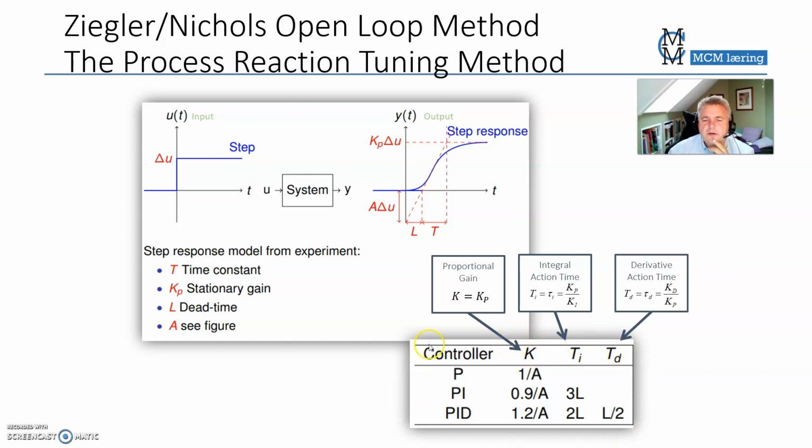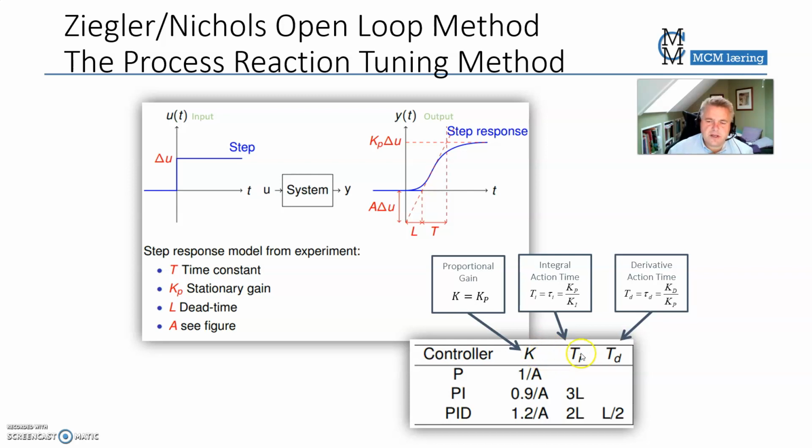And again, I haven't introduced it yet, but the table doesn't use KP, KI, and KD. It uses K, TI, and TD. And that has to do with the history of PID controllers and what the really old engineers used. They were not mathematicians.